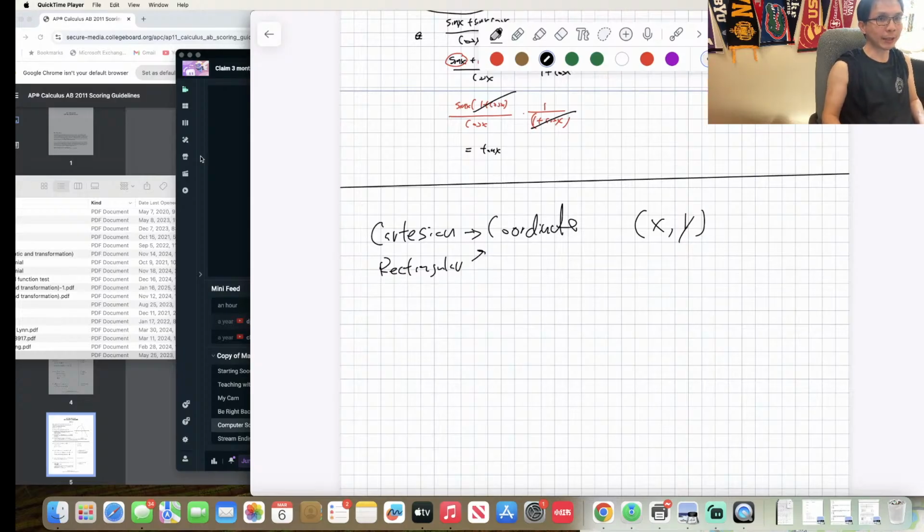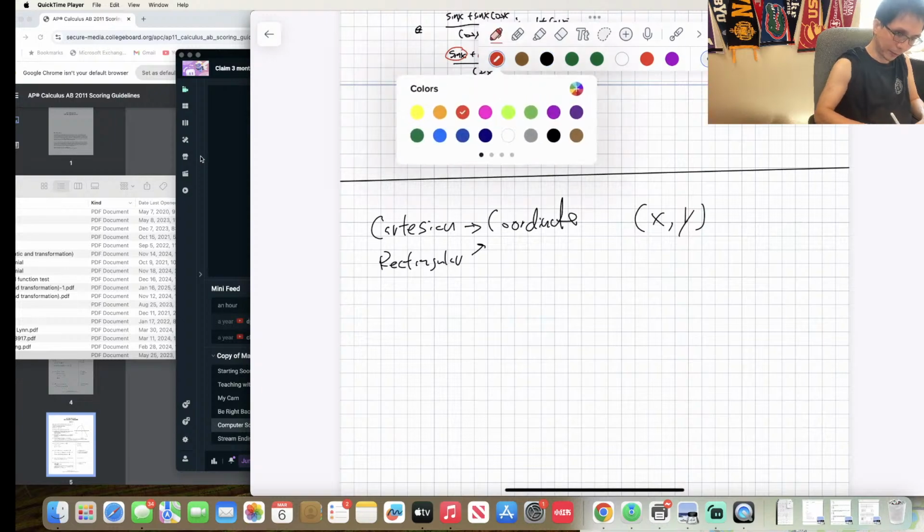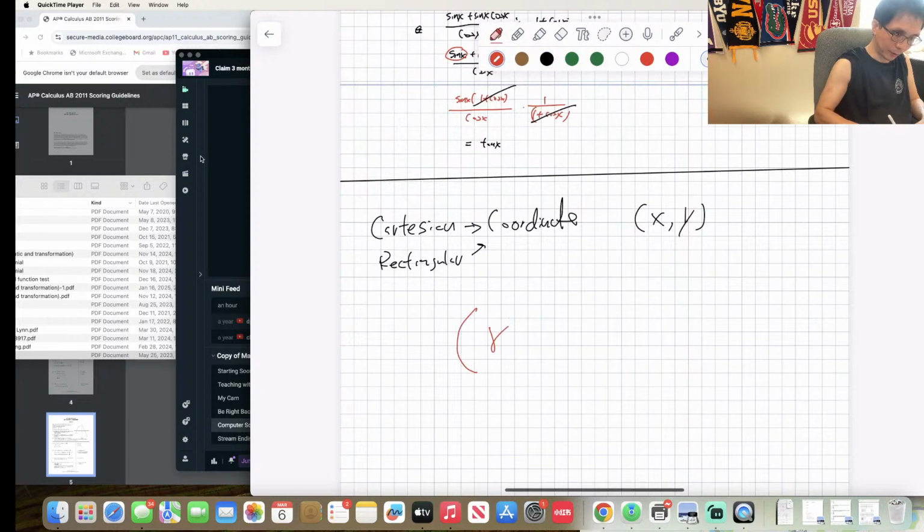Well, not yet. That's calc 3. We're not getting there yet. We have to get to pre-calc first. So the next coordinate I want to show you is not x and y. Rather than x and y, it's going to be r and theta.